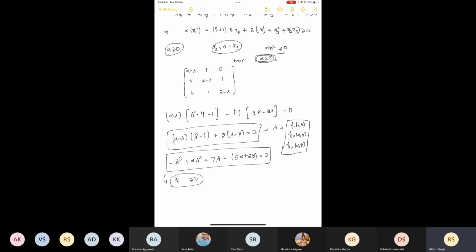Correspondingly our cubic equation will change, right? Okay, as far as my knowledge is concerned, I can't really solve this cubic equation as of now. I'm sorry for that. Even if alpha and beta are known, it is very difficult for me to solve a cubic equation.